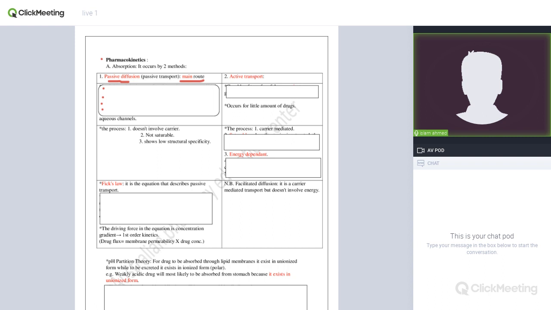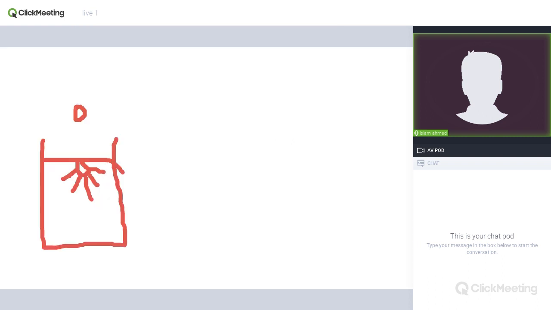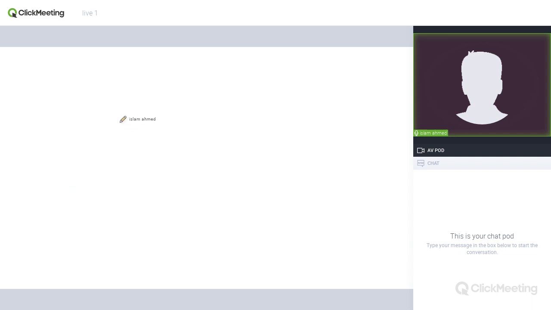Let me illustrate and emphasize a point here. Mainly, for a drug to be absorbed, it has to be in lipid soluble form.